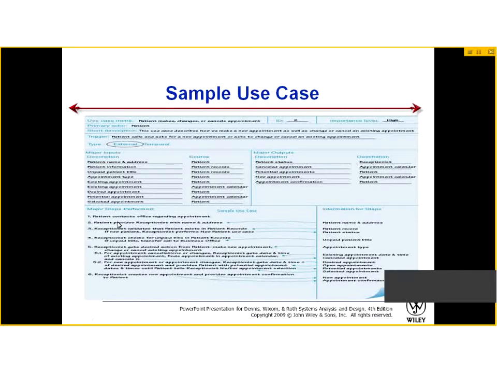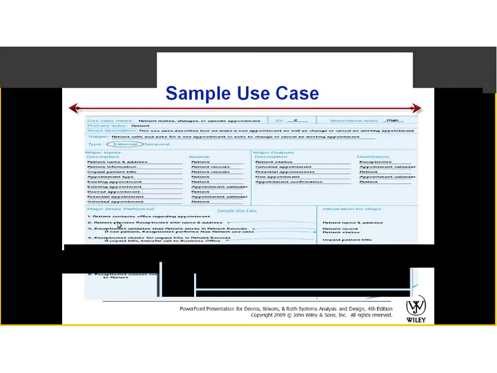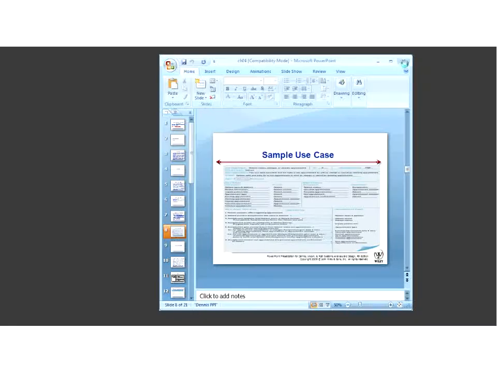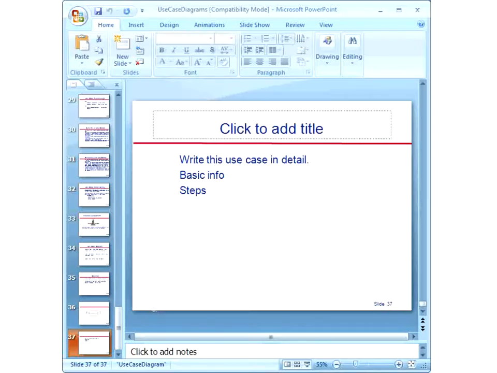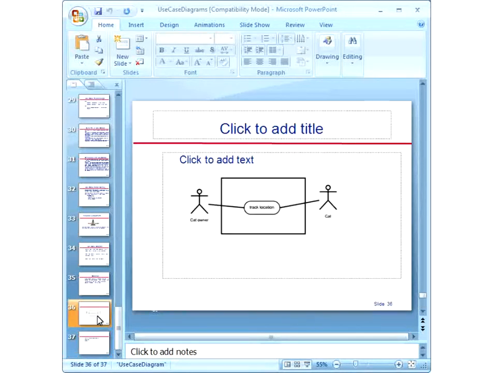So I want you to write a similar use case for track location. So write basic information, steps, inputs, outputs, or any other detail you want to write about this use case.